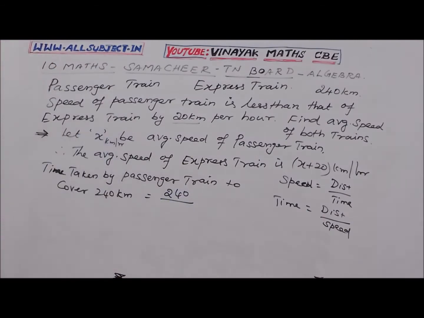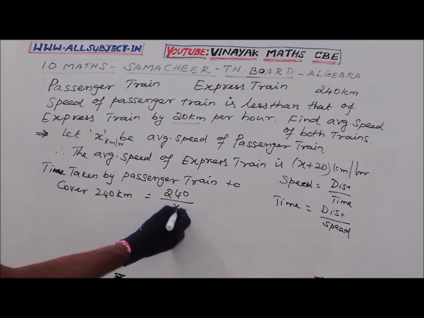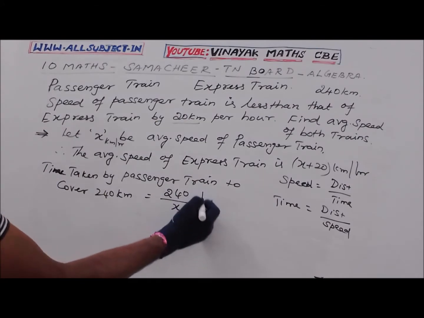The speed of the passenger train is x km per hour, so the time is 240 divided by x hours.